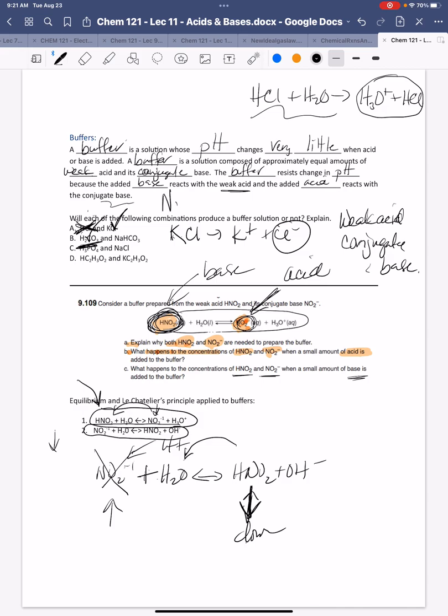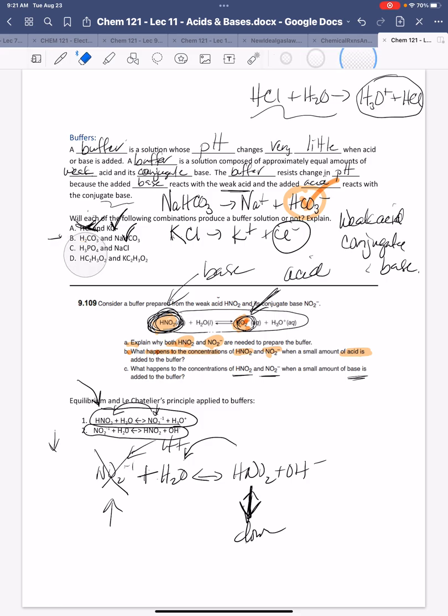Well, thinking about how NaHCO3 falls apart in solution, we get Na plus and HCO3 minus. This is what would be left over if we lost one hydrogen. So yes, this corroborates that we have a weak acid and its conjugate base. So we've got both criteria, so this is a good source of a buffer.